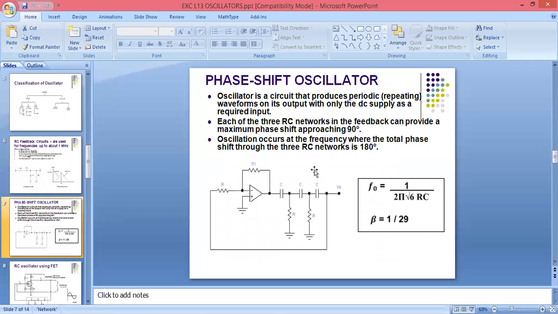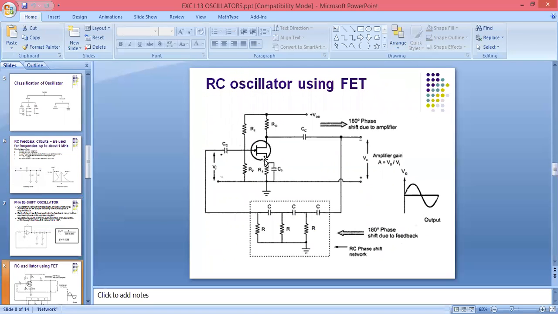Then we have seen RC phase shift oscillator, in which we are giving feedback by using 3 RC lead network, and we will get 180-degree phase shift by using negative feedback amplifier. So in our syllabus, we have to use MOSFET as a feedback amplifier, which will give 180-degree phase shift, and here this feedback network, which we are making from 3 RC lead network, will give 180-degree phase shift.